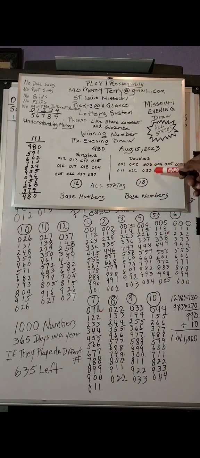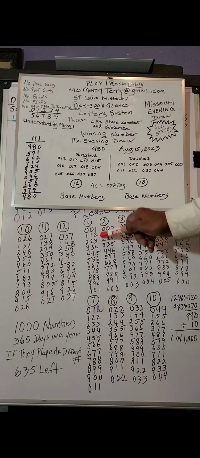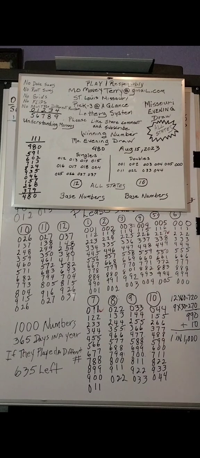Now, here are the doubles: 001, 002, 003, 004, 005, 000, 011, 022, 033, 044. Those make up the 22 numbers that make up the master sheet that does the 1-1 rundown.